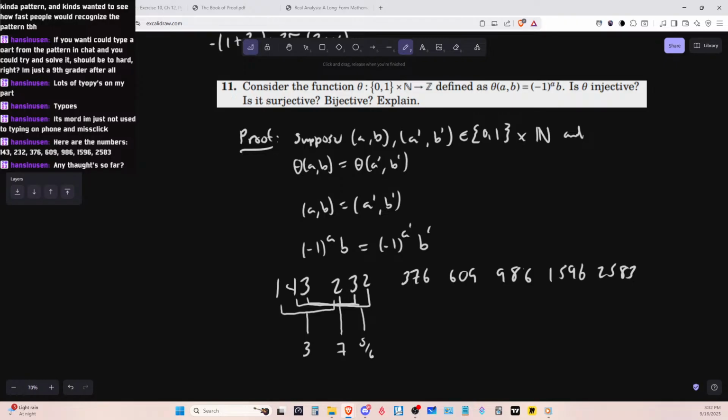So if you do this, I mean, this would equal 10.